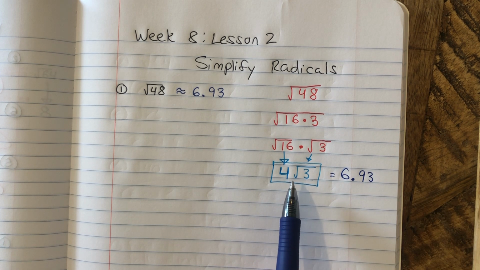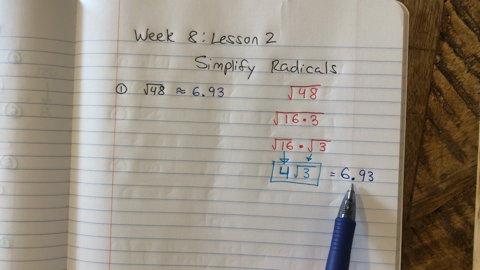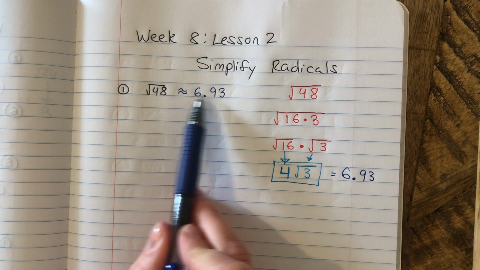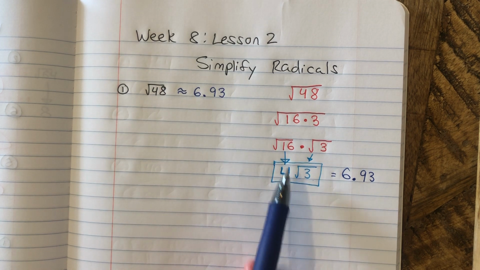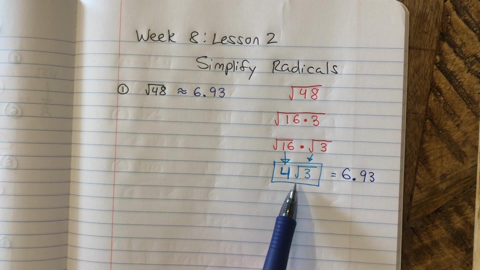And my final answer, my most simplified radical, gave me the exact same decimal value as if I had typed the square root of 48 in the calculator. This is a way to verify and check whether or not your answer is correct.